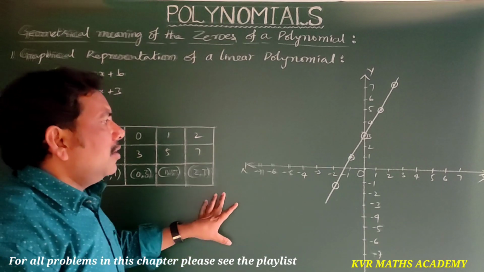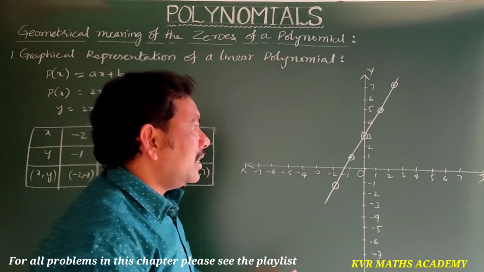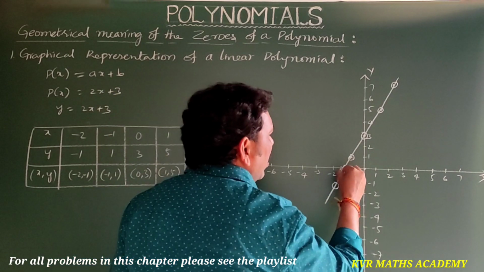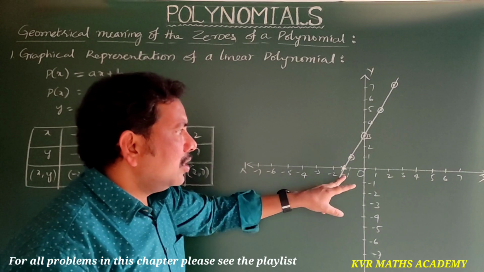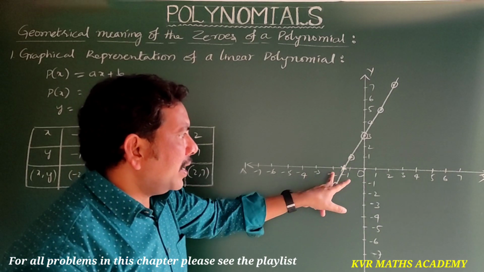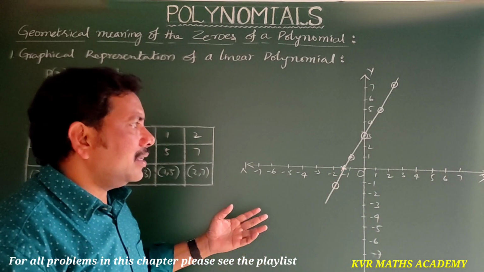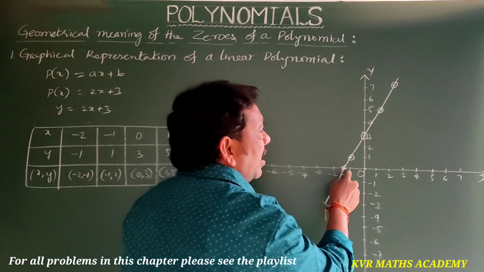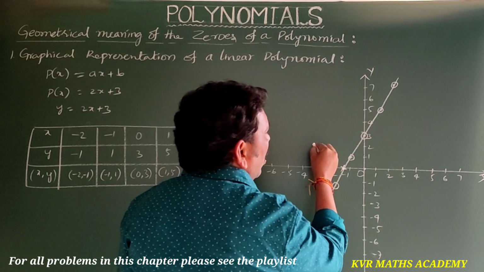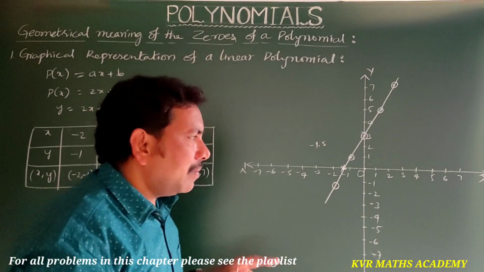Look here. This line intersects the x-axis at this point. This point is in the middle of -1 and -2, that is -1.5.